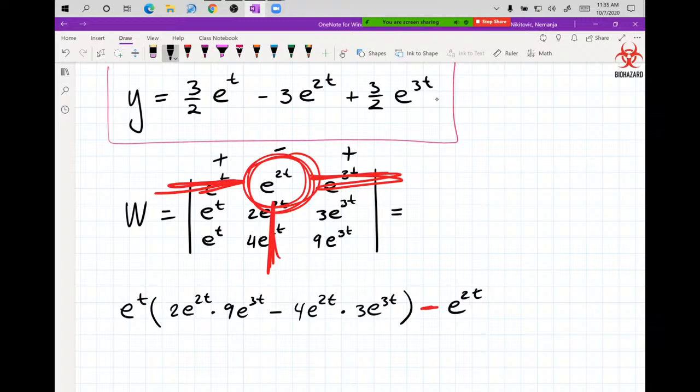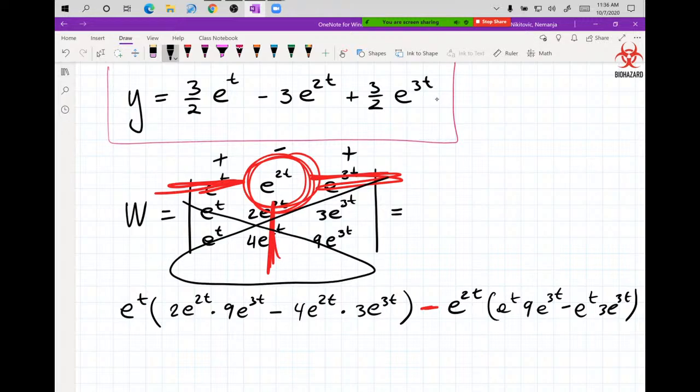So when we do this e to the 2t, then for the remaining 4 we do the shape again. So that's going to be e to the t times 9e to the 3t minus e to the t times 3e to the 3t. So that will be, again, the symbol we studied last time with the 4 that are remaining when you delete the row and column.